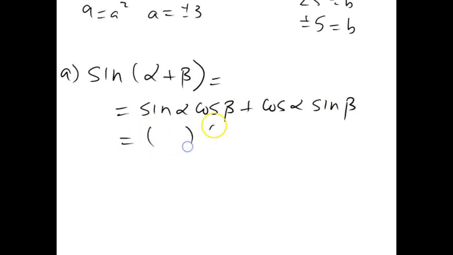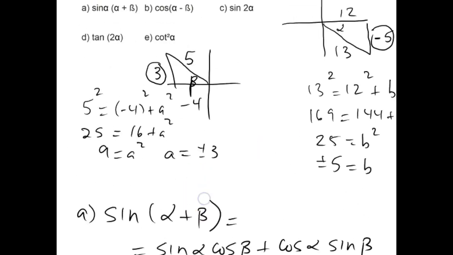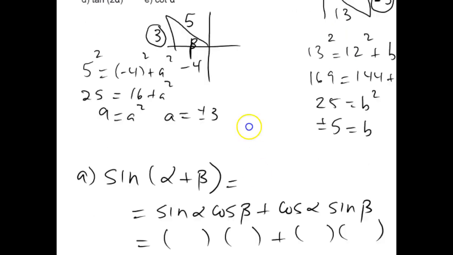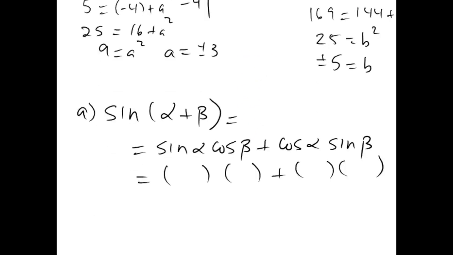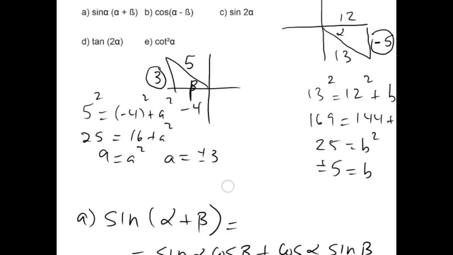So we can find the exact values of these. I didn't find the angle of beta or alpha to plug in this equation and get a decimal. I want exact answers. So sine alpha, I go to my alpha triangle.